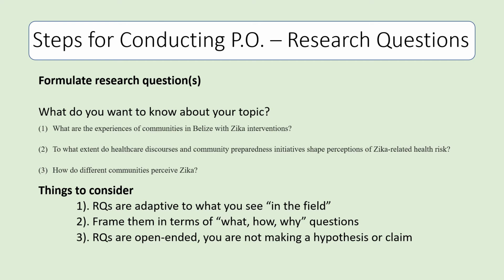And how are these shaping perceptions of Zika virus? For instance, the Ministry of Health in Belize urged women to postpone pregnancy because of fears of contracting Zika and causing congenital abnormalities in the womb. How were women largely responding to that declaration that you should not get pregnant right now?